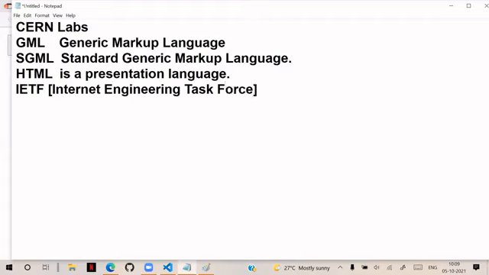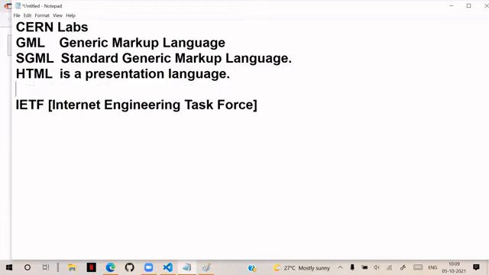These people developed HTML. The first version of HTML was in 1990, and it was 1.0. The first HTML was introduced by Tim Berners-Lee.